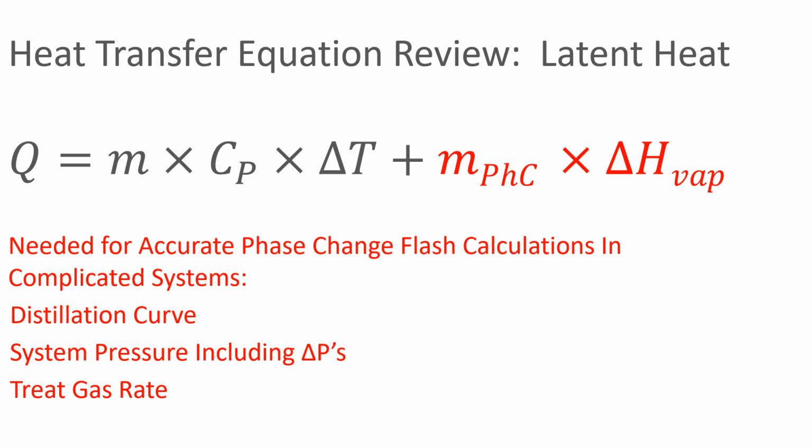We need the system pressure, and we need to interpolate those system pressures at the spot where the condensation or vaporization is happening. And of course, the amount of treat gas, which is an enormous percentage of the volume flow, needs to be included because that changes the partial pressure of all of these substances. So that's something that we're not capable of doing by ourselves in Excel. We need to use a model like HX Cool Pro to figure that out.